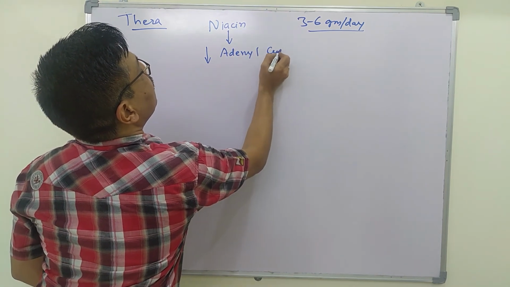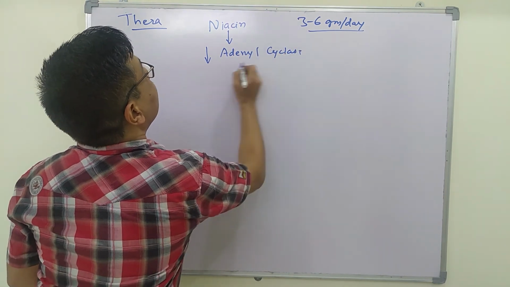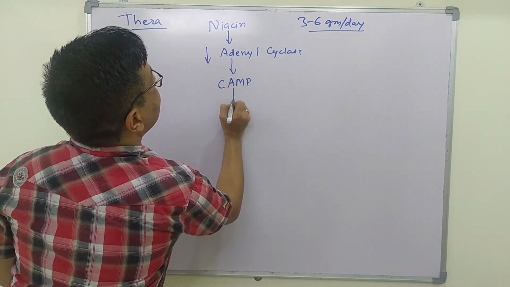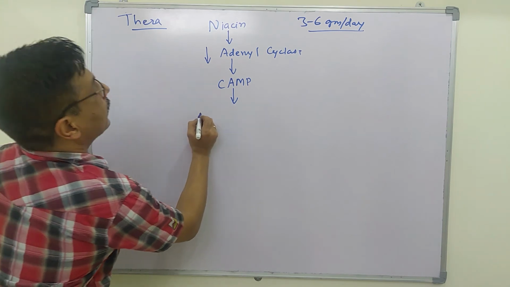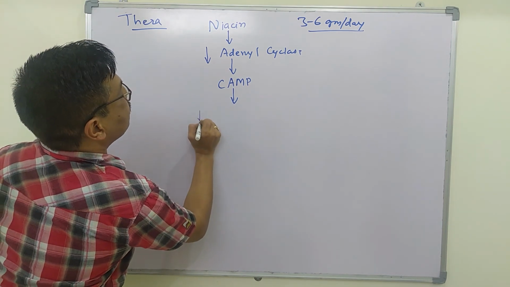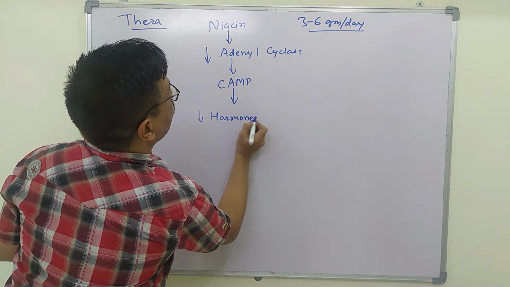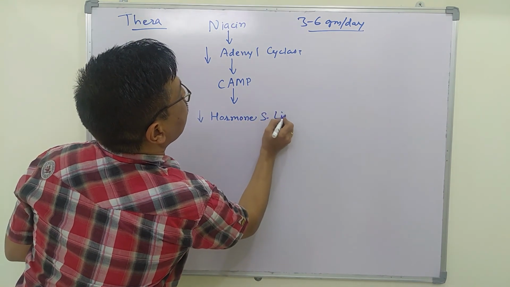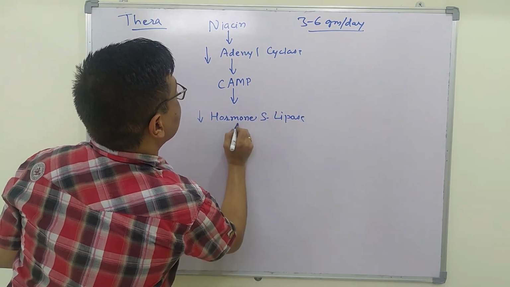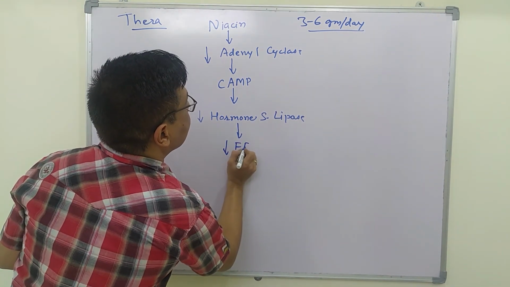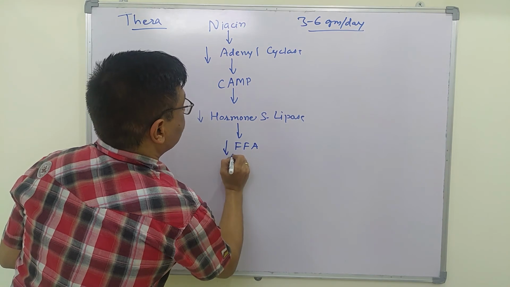This decreased activity of adenyl cyclase leads to decreased cAMP formation. This decreased cAMP formation causes decreased activity of hormone sensitive lipase in adipose tissue, thereby less production of free fatty acids in adipose tissue.